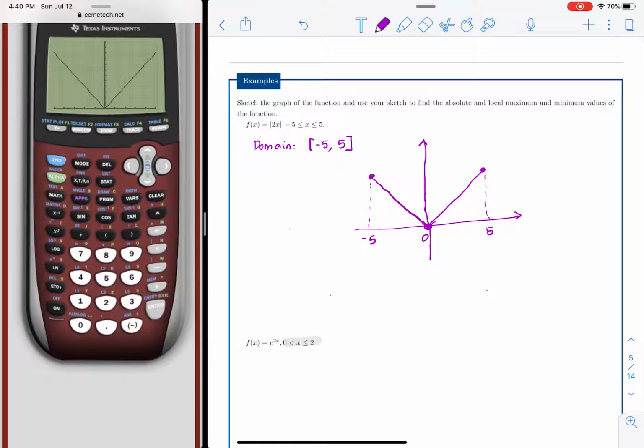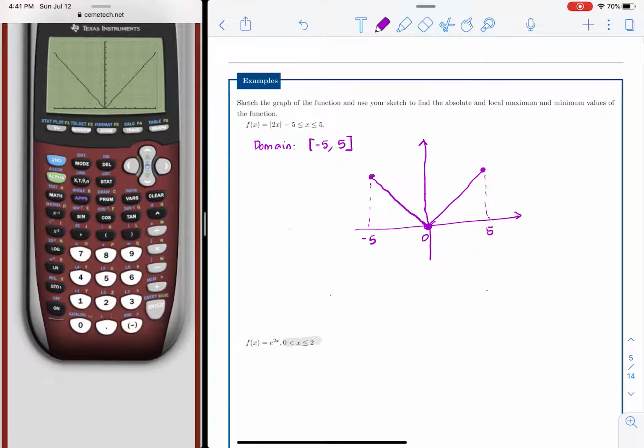When x is 0, it would be 0. And it is a v-shaped function with a sharp turn. So we can assess and find a maximum if there is one, just by looking at the curve.